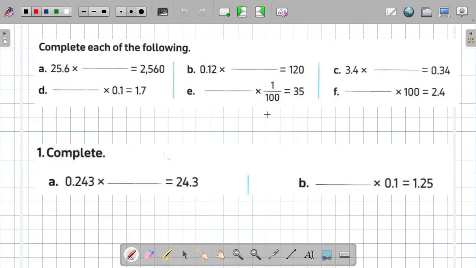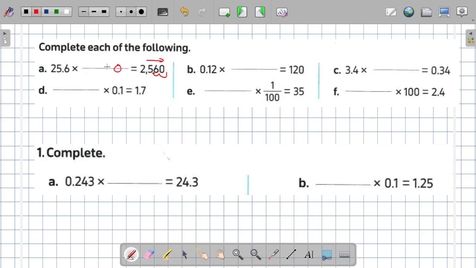Next, I want to find the missing numbers. Okay? So, I have 25.6 multiplied by a number equals 2,560. So, I think the decimal point has been moved 2 places, because it was here between 5 and 6 and moves 2 places to the right.